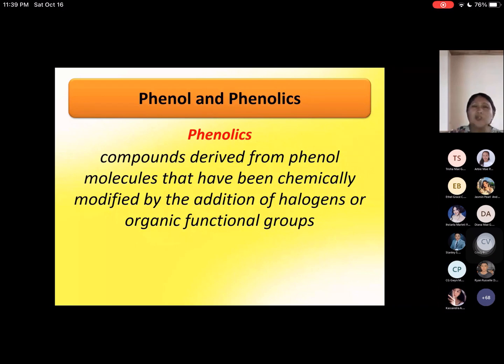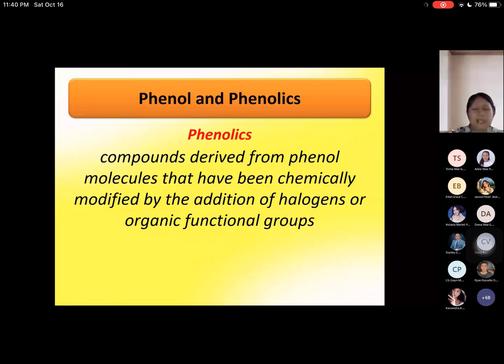It was first used to control surgical infections in the operating room. It is now rarely used because of its strong odor, or it has toxic effect on human tissues or human cells. Okay, the phenol or the carbolic acid.